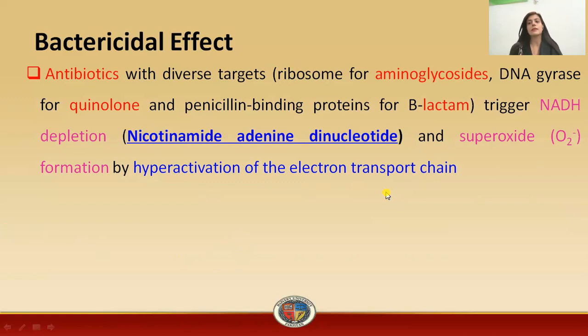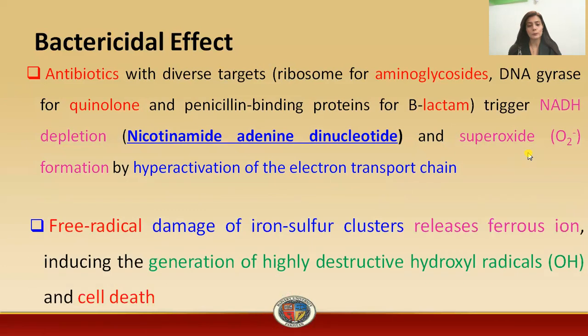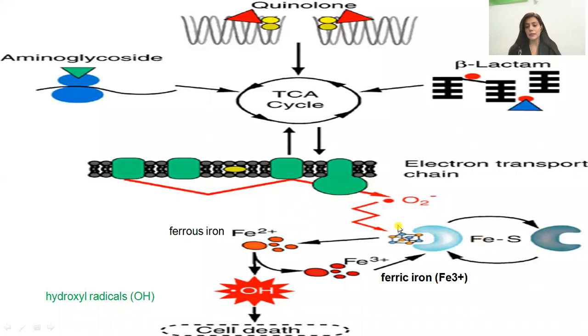As a result, there is formation of superoxide. Additionally, this free radical oxygen will damage the iron sulfur cluster. As a result of this cluster damage, there will be release of the ferrous ion, and this ferrous ion will result in the production of hydroxyl radicals, which we have already discussed in neutrophils in our physiology subject, and this will ultimately result in the death of the cell.